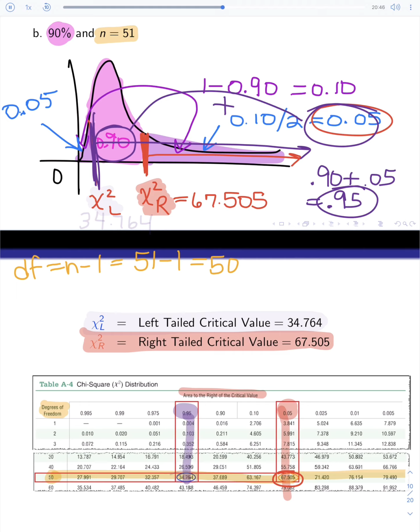So my critical value on the left is going to be a little bit smaller, and it's 34.764. So that's my chi-squared on the left.